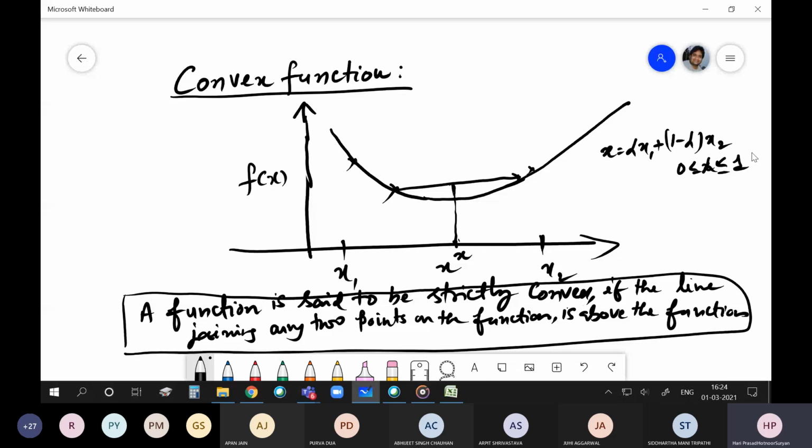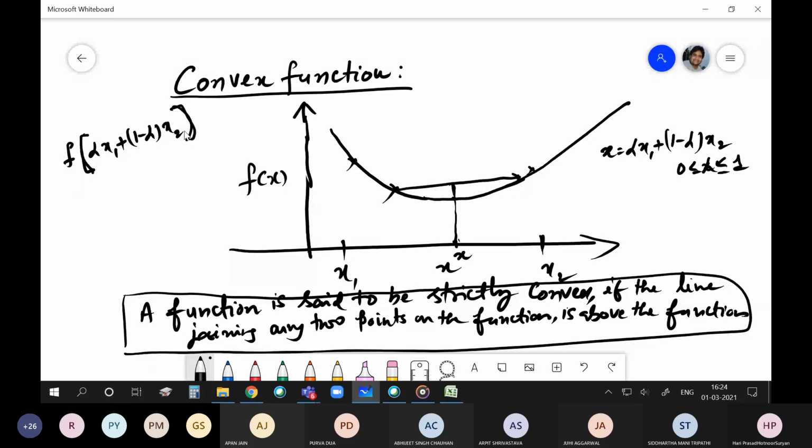So what is the value of the function at this point x? It is f of alpha times x1 plus 1 minus alpha times x2, isn't it?